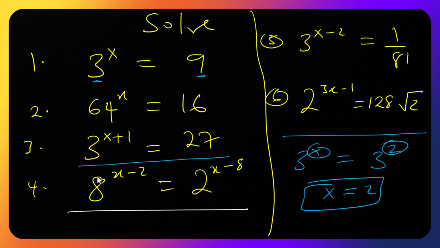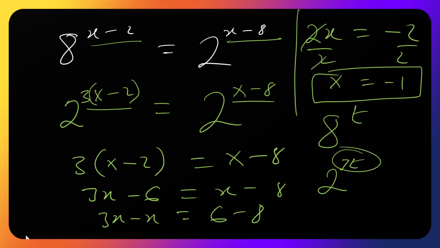So let's look at the fifth one. We have 3 to the power of x minus 2 equals 1 on 81. Take your calculator and let's observe this.